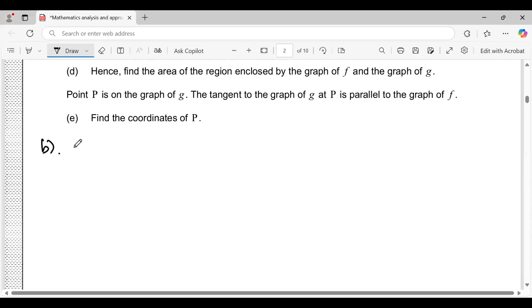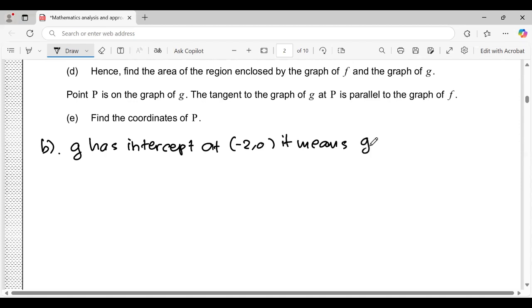Part B. Function g has an intercept at (minus 2, 0). It means g(minus 2) equals 0.